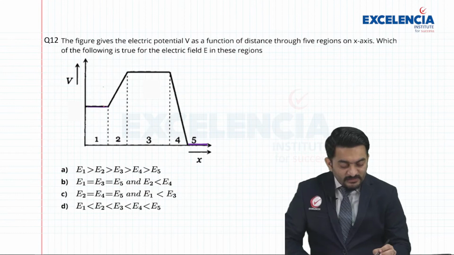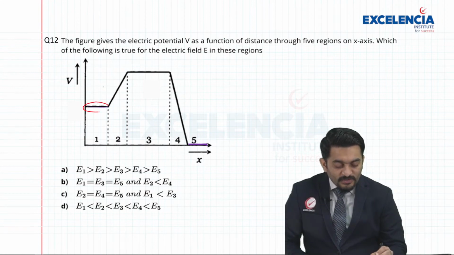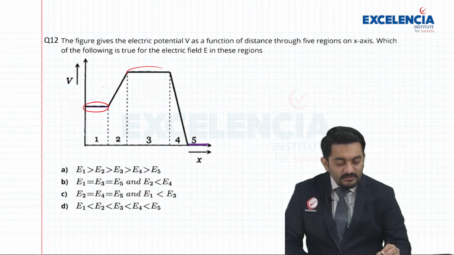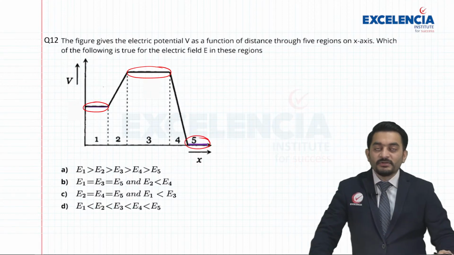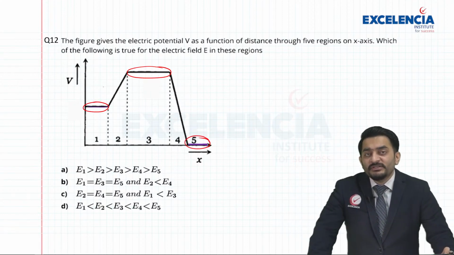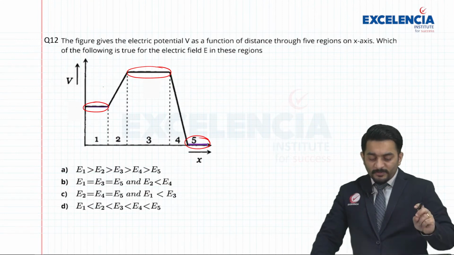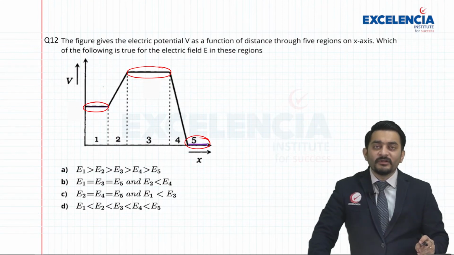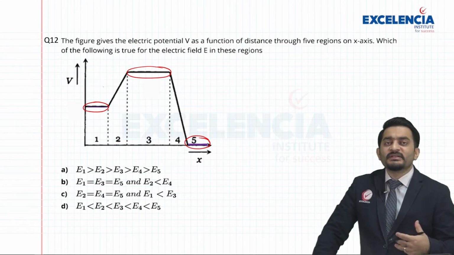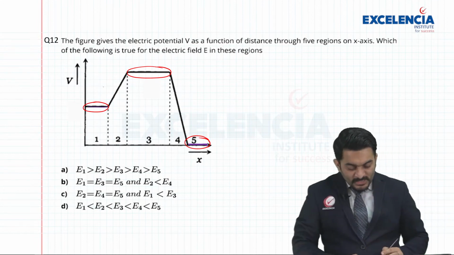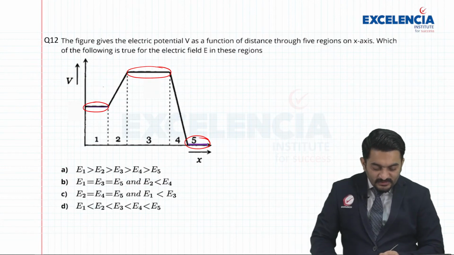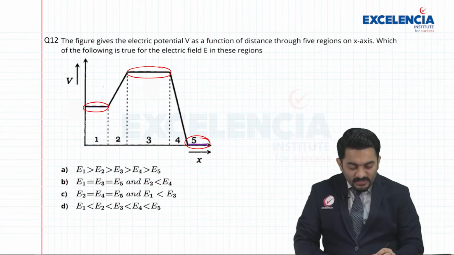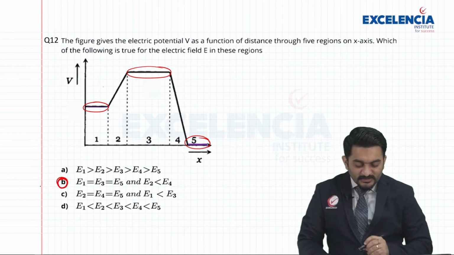Wherever the potential value is constant, and I can see 3 regions where my potential is constant, that means at that place my electric field will be 0, or you can say electric field will be the same. So I will first select the option which has E1, E3 and E5 given the same, and I can figure out this is the only place where it has been given.